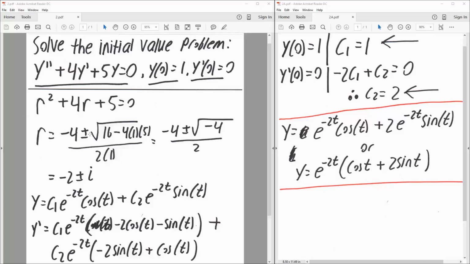Right here we get 16 minus 20, so we know it's a negative under the square root. We get negative 4 plus or minus the square root of negative 4, divided by 2.